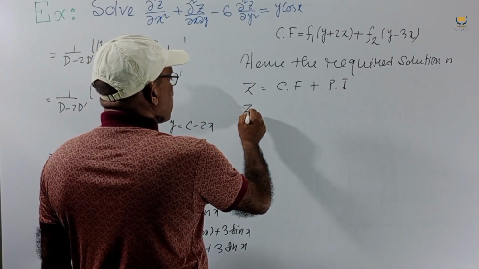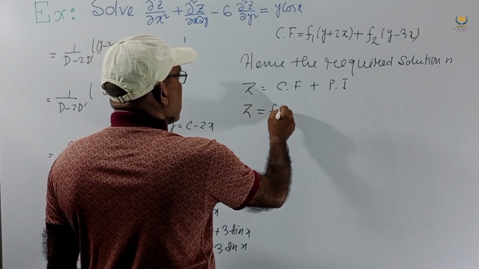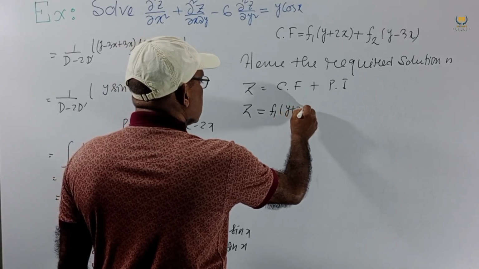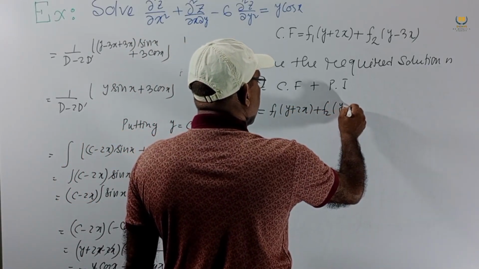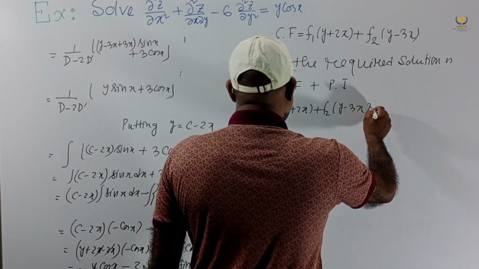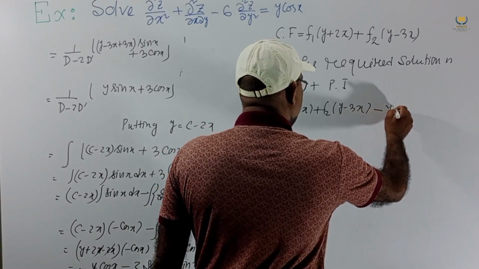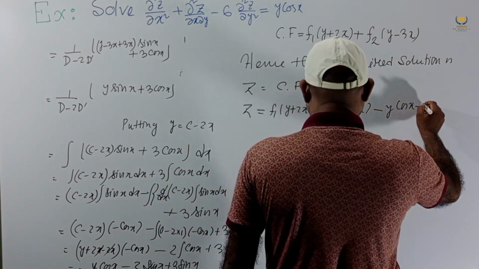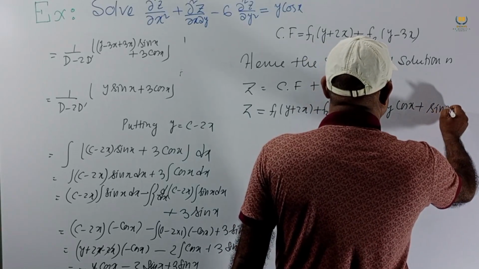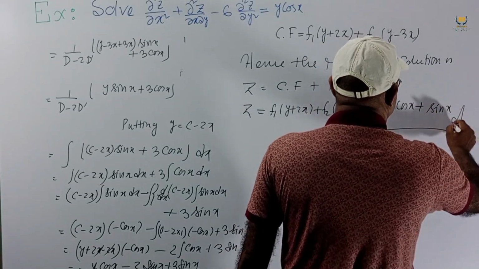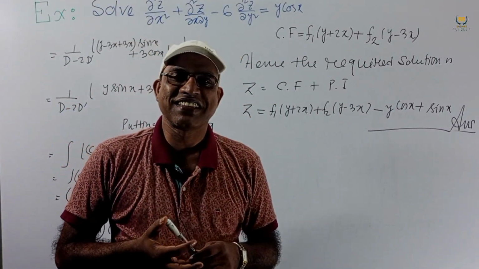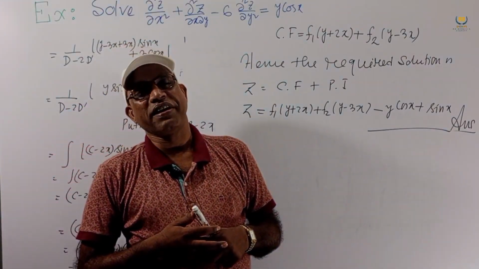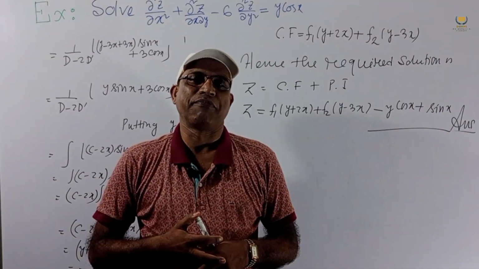Z = CF means f1(y + 2x) + f2(y - 3x), and this is minus y cos x + sin x, and this is the final answer. So dear students, these are very interesting, very easy, very important also for exam.